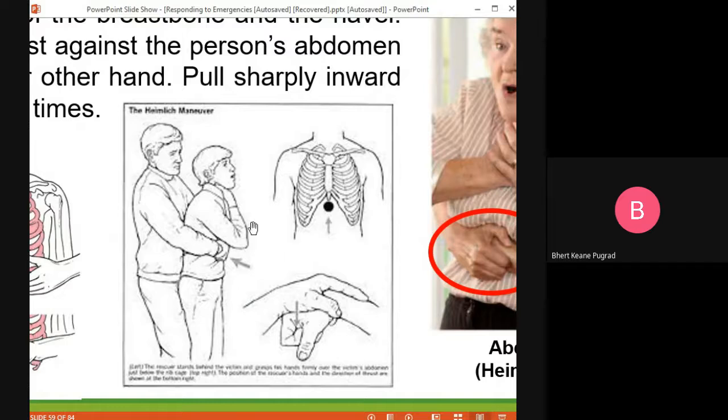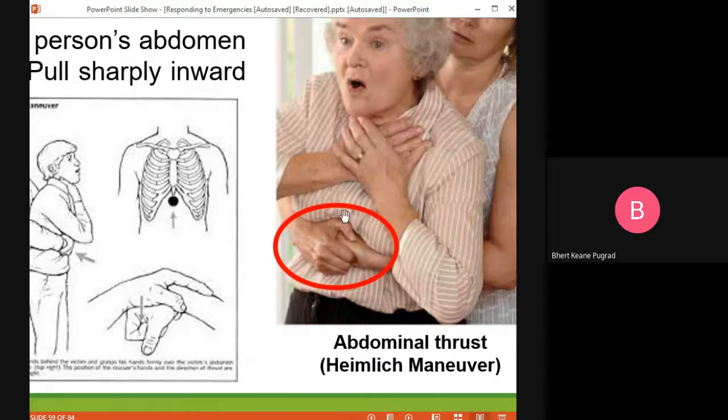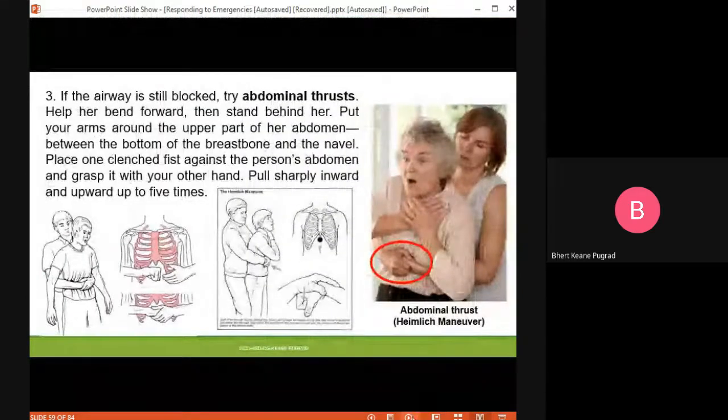Para yung pressure sa loob ng abdominal cavity ay matulungan ng external force that you deliver, and it pushes out the food that has been blocked in the patient's airway. Nakuha? So that's the mechanism behind your Heimlich maneuver. You take note, at least 5 times.